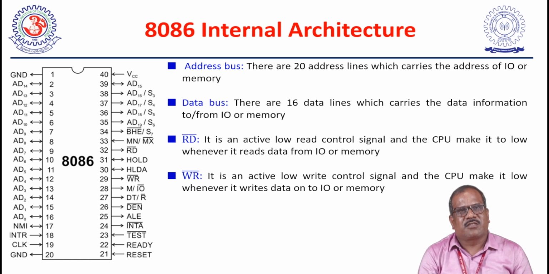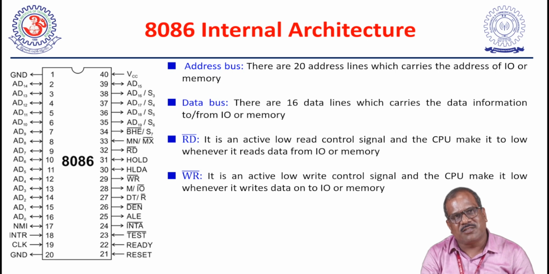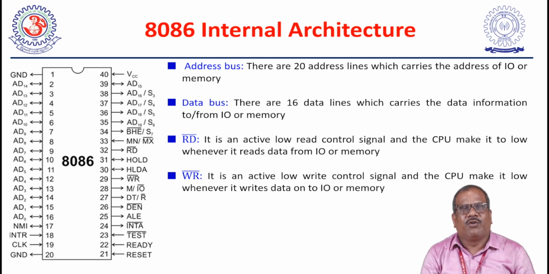In 8086 there are 20 address lines and 16 data lines. The lower 16 address lines are combined with the data lines, and this produces the multiplexed address data lines, with the notation AD0 to AD15.